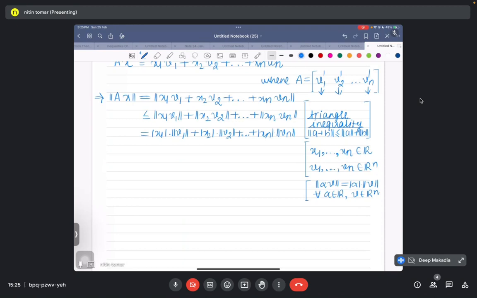I mean, this can also help. You take alpha to be the maximum of norm v1, norm v2. So this maximum will exist, right? Because this is a finite number, a maximum over finitely many numbers, correct?